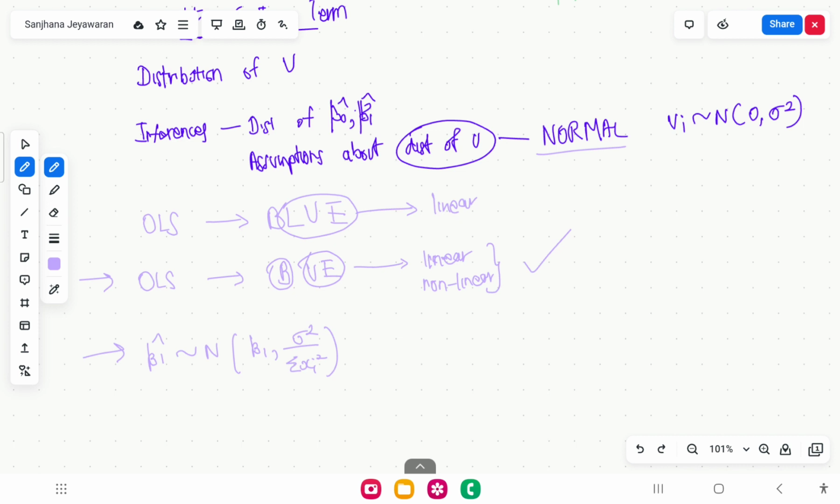But even if we don't know the distribution of U, which is usually the case in reality, we can still use this, because when n is large enough, according to the central limit theorem, the distribution will be approximately normal. But this can only be applied when the sample size is large.